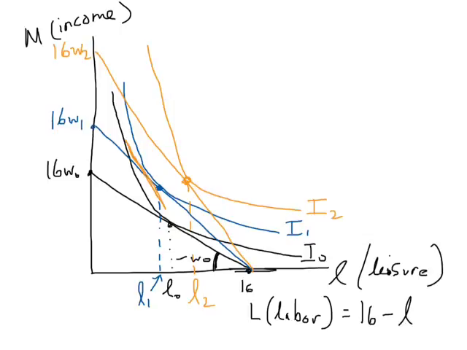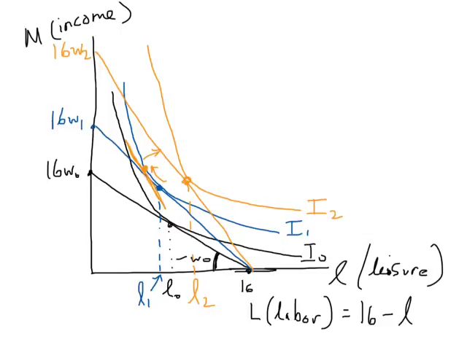Again, not perfectly. Notice that the substitution effect would have the person consume less leisure and work more, but then that income effect would result in more leisure being consumed.